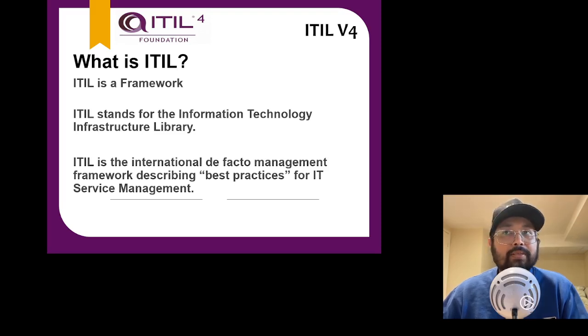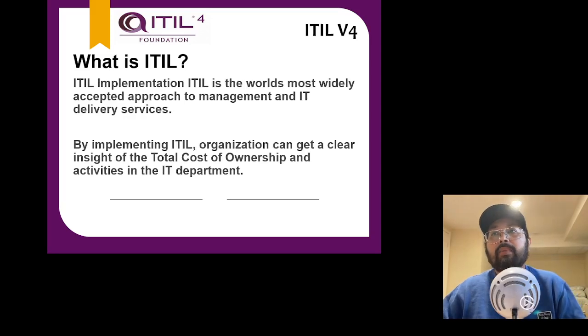of all, what is ITIL? ITIL is a framework, and ITIL stands for the Information Technology Infrastructure Library. ITIL is the international de facto management framework that describes the best practices for IT service management. ITIL is the world's most widely accepted approach for management and IT service delivery.